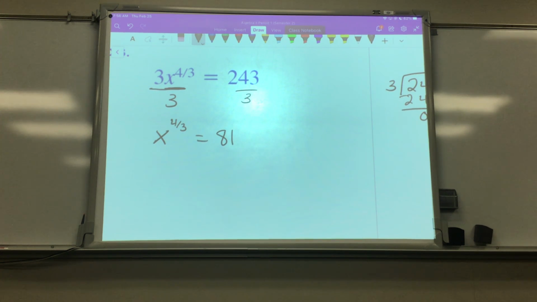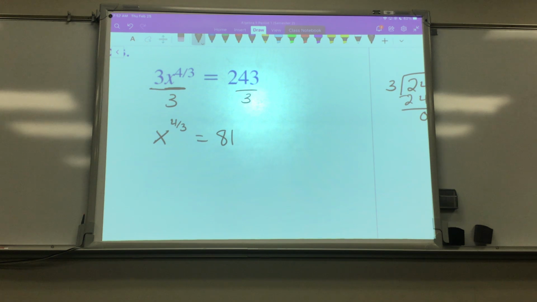Now, there's a couple of routes you can go with this. Keep it in exponential form, or you can switch it to radical form. Okay, let's stick with the exponent form right now. Now, I've got to somehow get that 4/3 to be 1, right? What do you have to multiply a fraction by in order to make it 1?